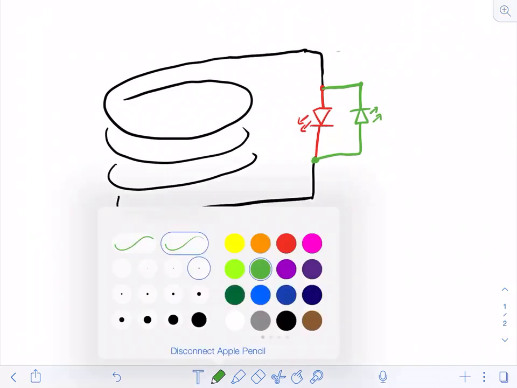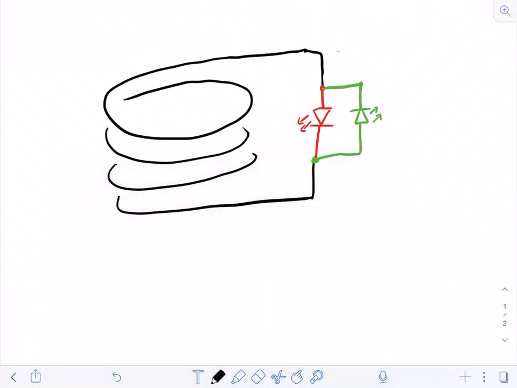So what do we need to know about LEDs? An LED is a light emitting diode.